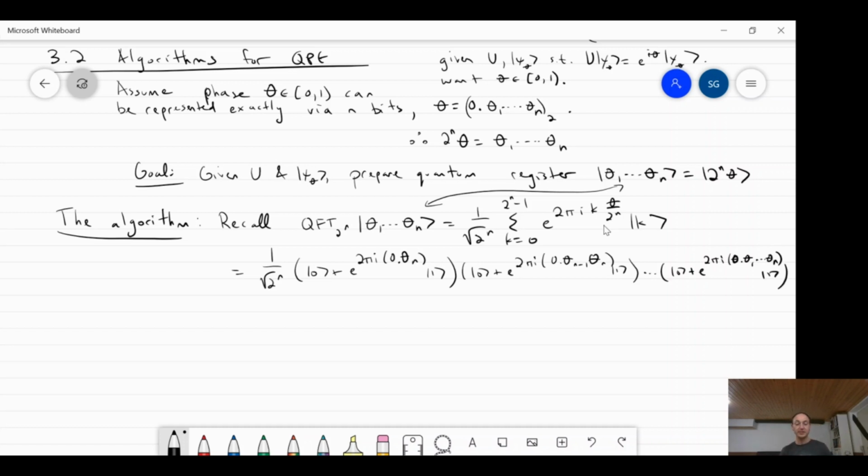Good. So this is just from before. This was the action of the QFT on an arbitrary standard basis state, such as the string represented by theta 1 to theta n.